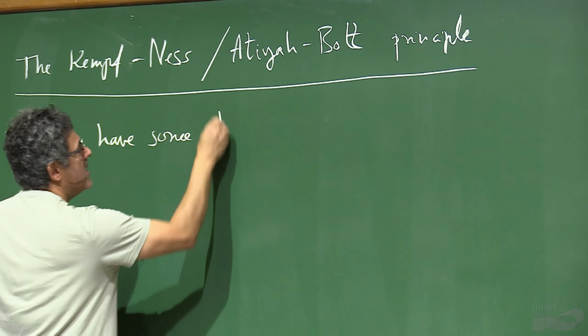Okay. Now, I mentioned Kempf–Ness, which relates this to symplectic geometry. In this case, you have more data. You have a maximal compact subgroup K, and assume X is inside some CPn and it's G-invariant.